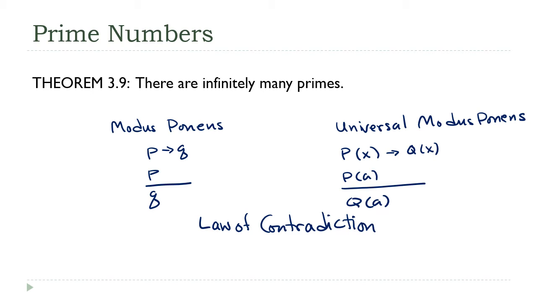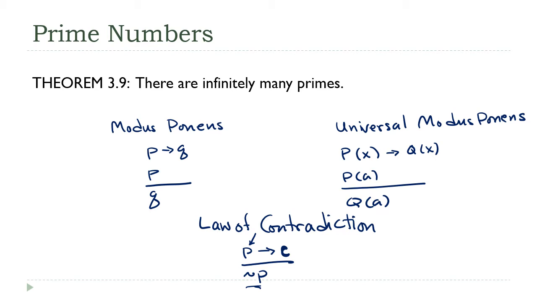The law of contradiction says P implies C, therefore not P. Sometimes it's written not P implies C, therefore P. They mean the same thing. What this is saying is if we assume P and this assumption somehow leads us to a contradiction, an invalid conclusion, then P must in fact be false. The opposite of P must be true.